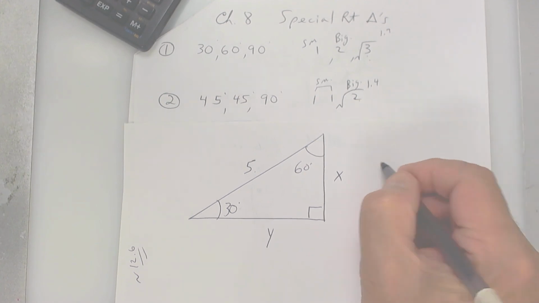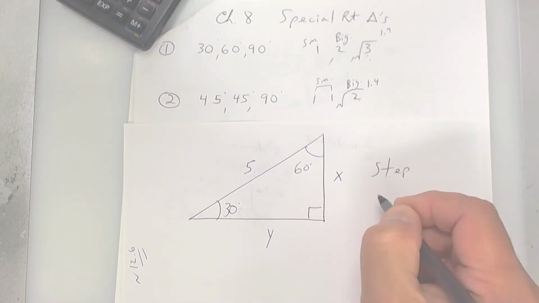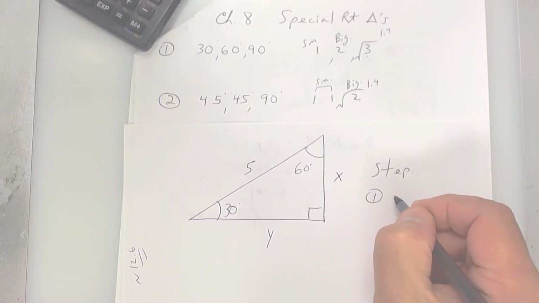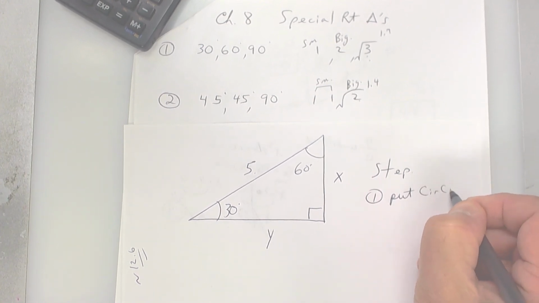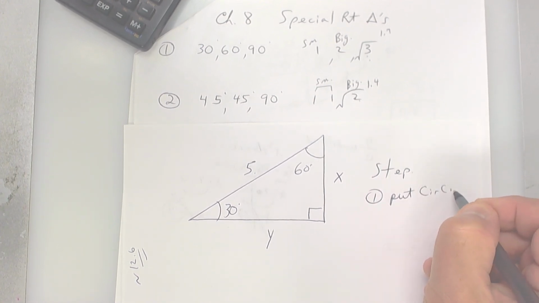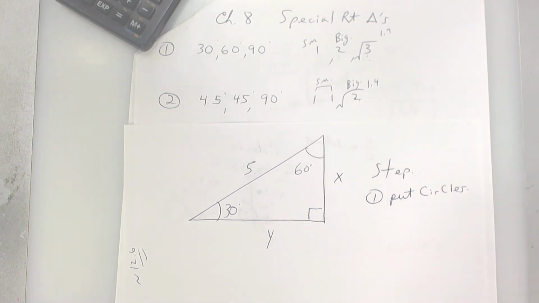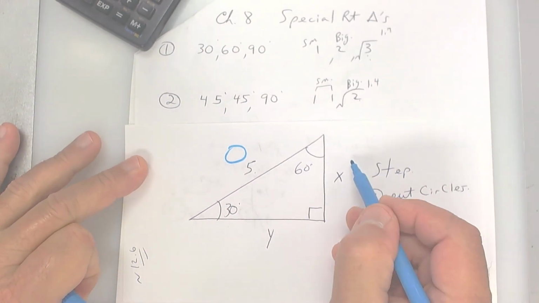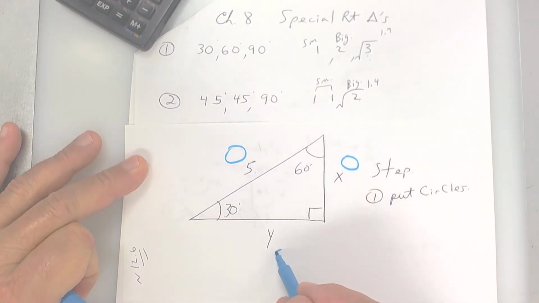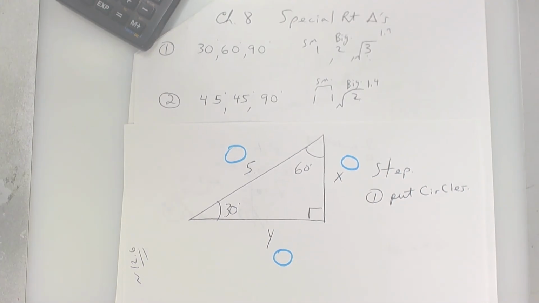Step 1, copy this down. Put circles or bubbles. What I mean by that is, put a circle on each one of these, not over the number or the letter, just off to the side.